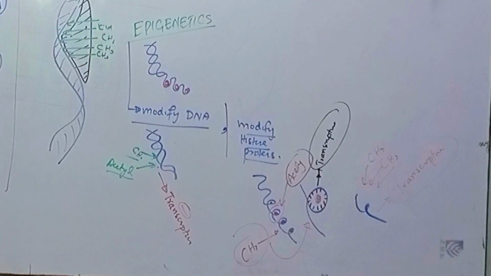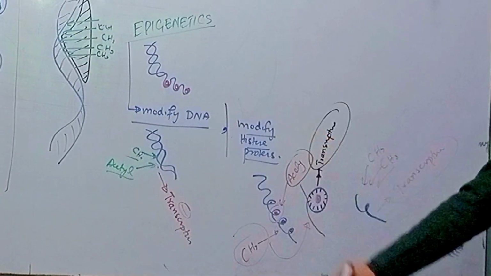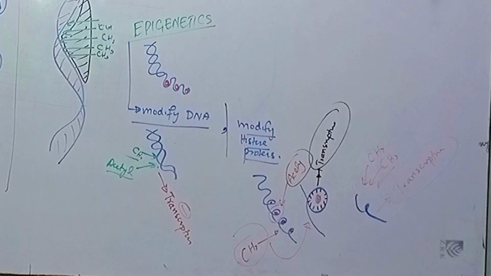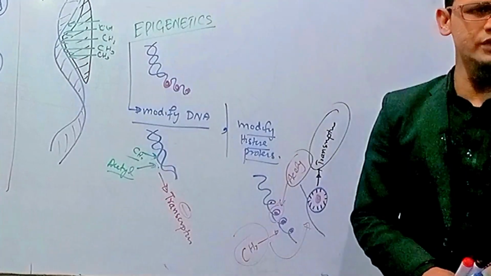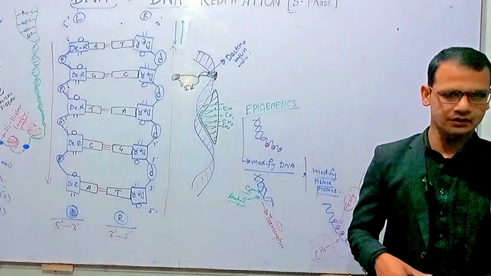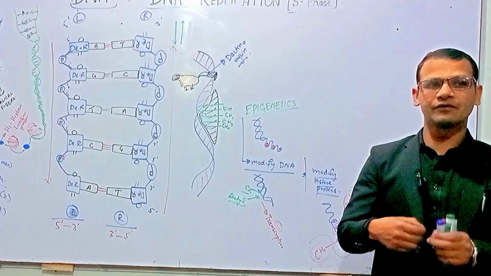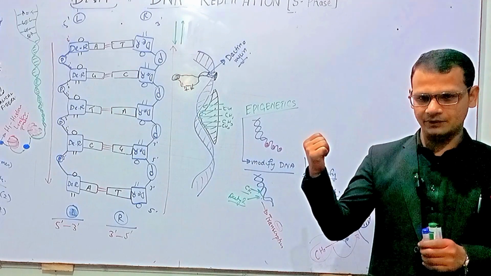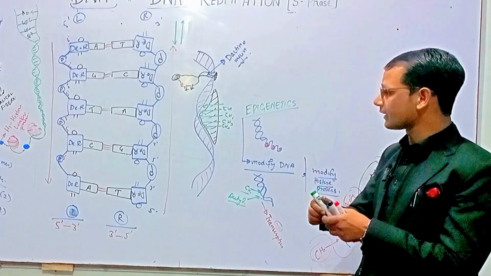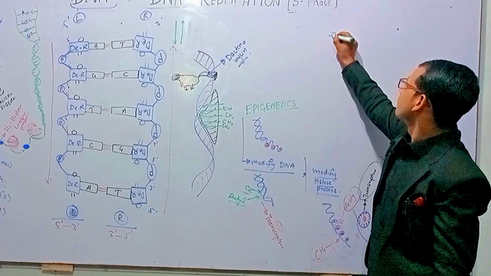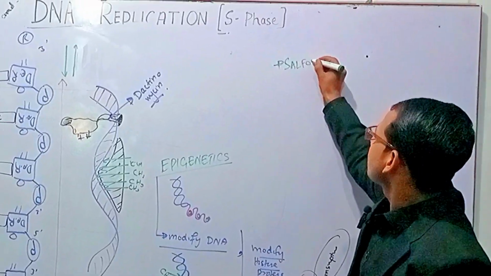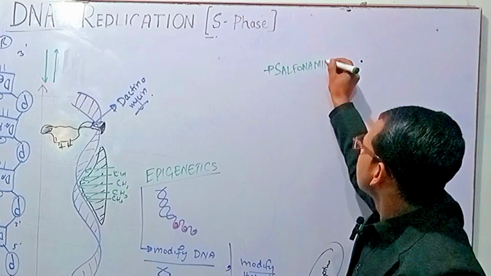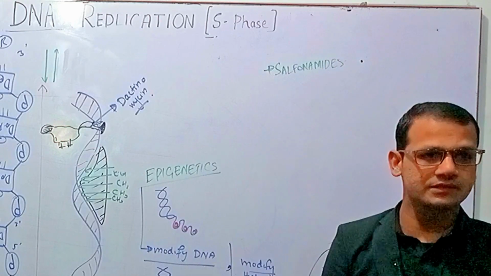These are the general points about the treatment of cancers, right? After this, the DNA replication can be stopped by some drugs which we use routinely, right? The side effect of these drugs is DNA replication inhibition, right? Some of them are sulfonamides, antibiotics, right?